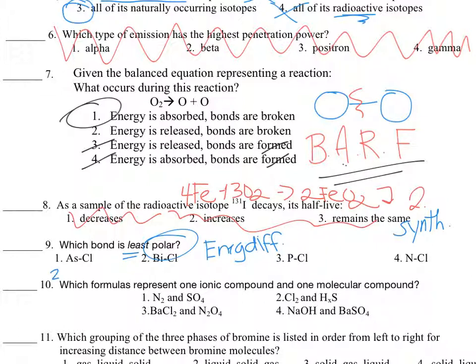So we're going to have 0.2 and 3.2, 1.9, 3.2, 2.2, and 3.2, and then finally nitrogen is 3.0 and chlorine is 3.2. So this is the least polar bond. It is the one with the smallest difference.